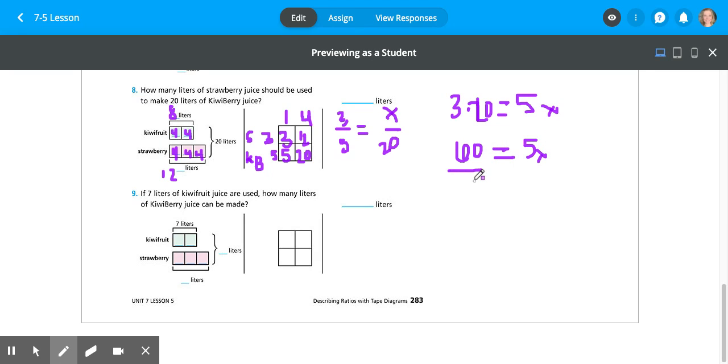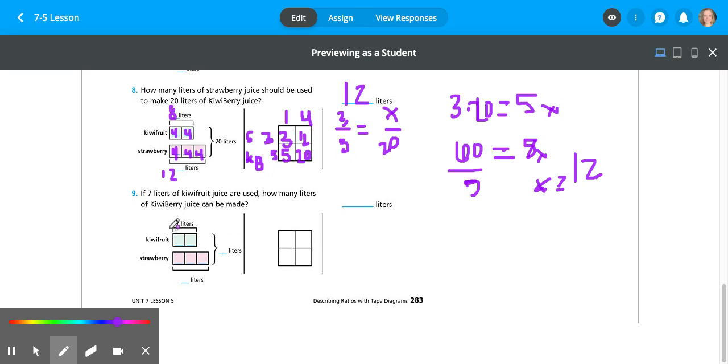And 60 divided by 5, canceling that out, 60 divided by 5 is 12. X equals 12. So again, we got the same answer on all 3 parts. So we know that should be correct.